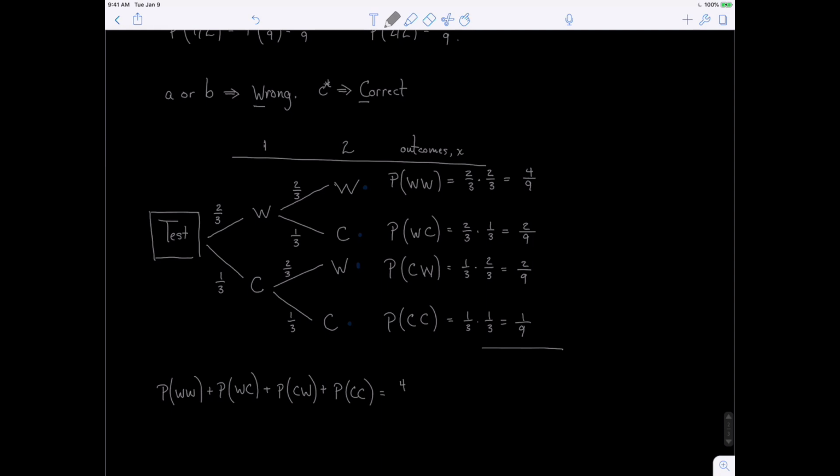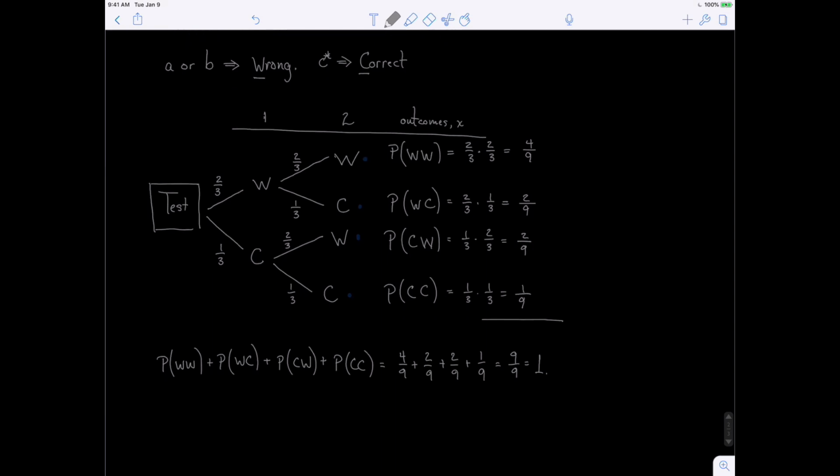Well, that's 4 ninths plus 2 ninths plus 2 ninths plus 1 ninth. So 4 plus 2 is 6, plus 2 more is 8, plus 1 more is 9 ninths, which is just 1. And so look at that. Now we have the 9 in the denominator, as we would expect, and all the probabilities add to 1.